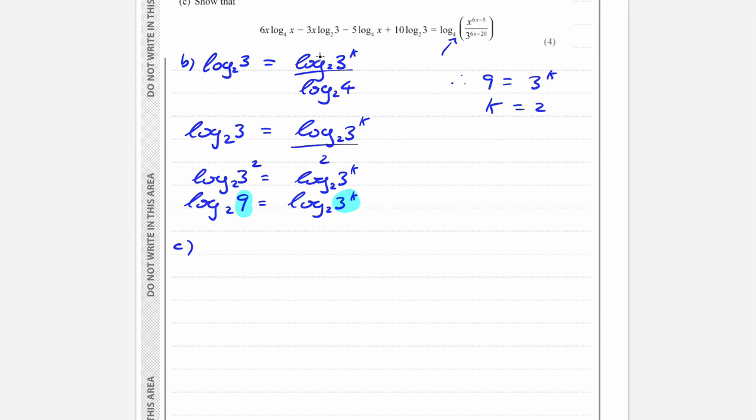Okay, so let's start. This first one is, well, let's just leave the 6x there for now. So 6x log x base 4 minus 3x, and then I'm going to do log 3 over log 2 base 4. Let's change the base rule. Minus 5 log x base 4. This one is fine.